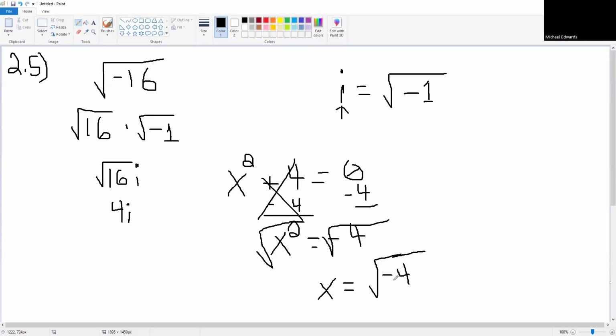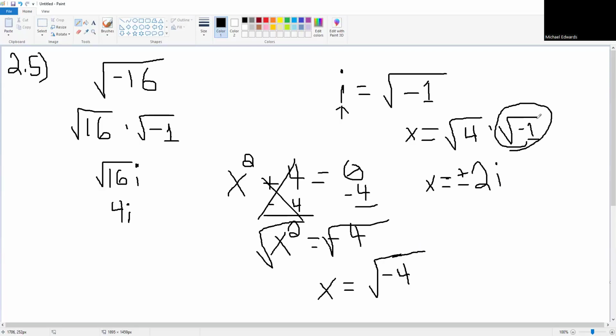But we can rewrite this as x equals the square root of 4 times the square root of -1, or just x equals plus or minus 2i, because this turns into i because of this rule.